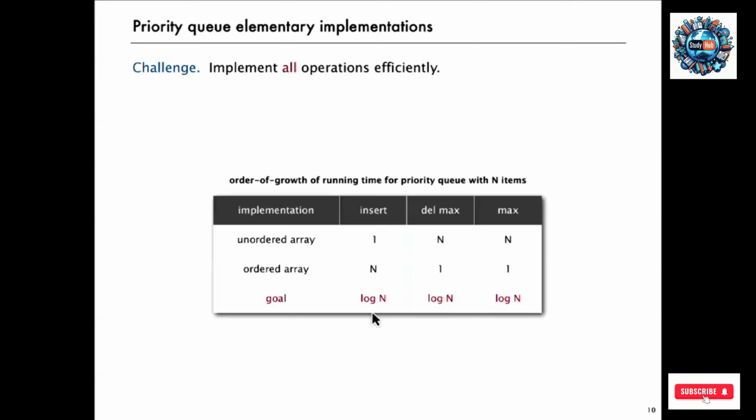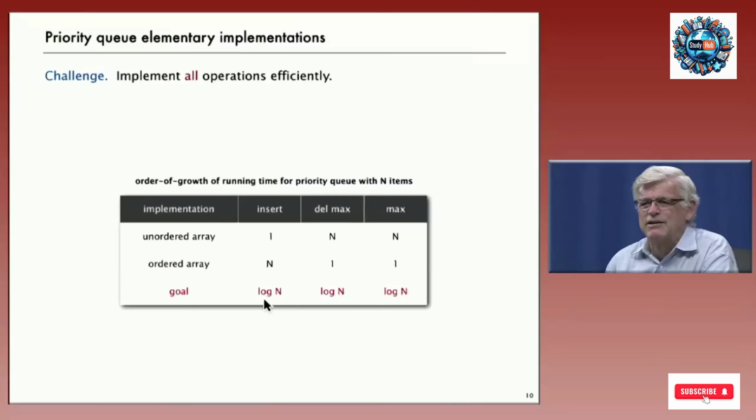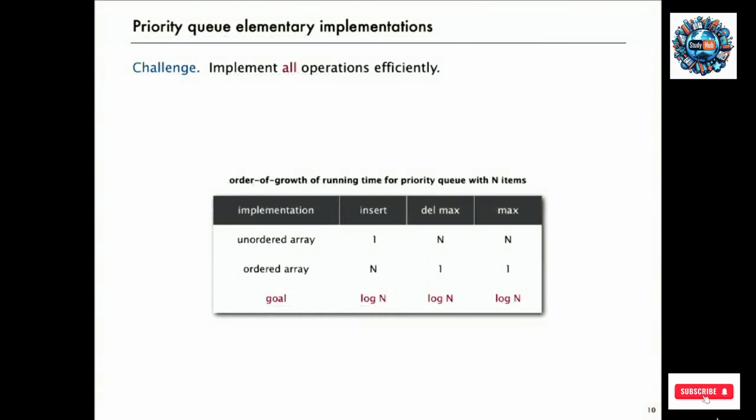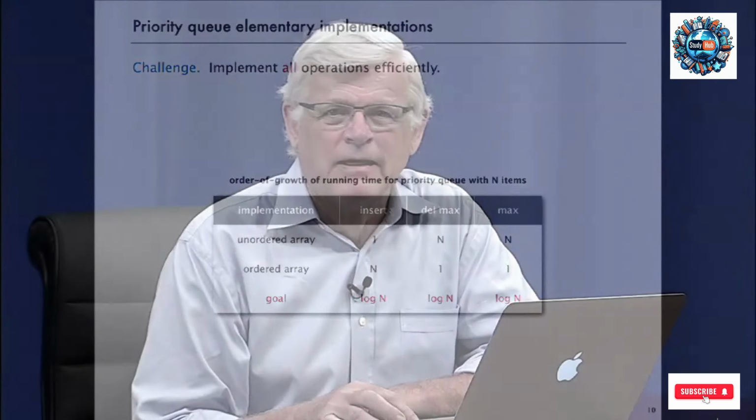Whereas what we can hope for and what we actually will achieve is time proportional to log N for all operations. With a clever data structure and interesting implementation, we can actually achieve that goal. That's the basic API and some elementary implementations for priority queues.